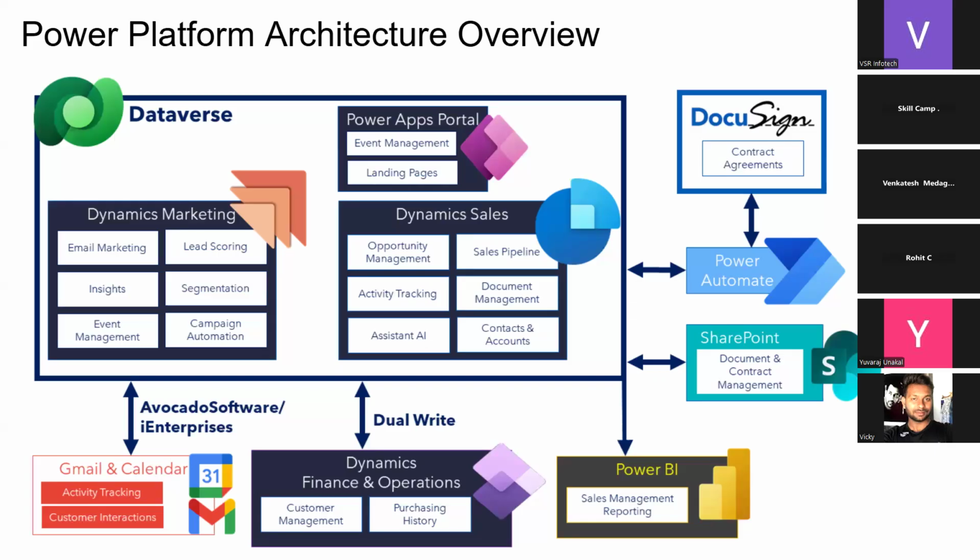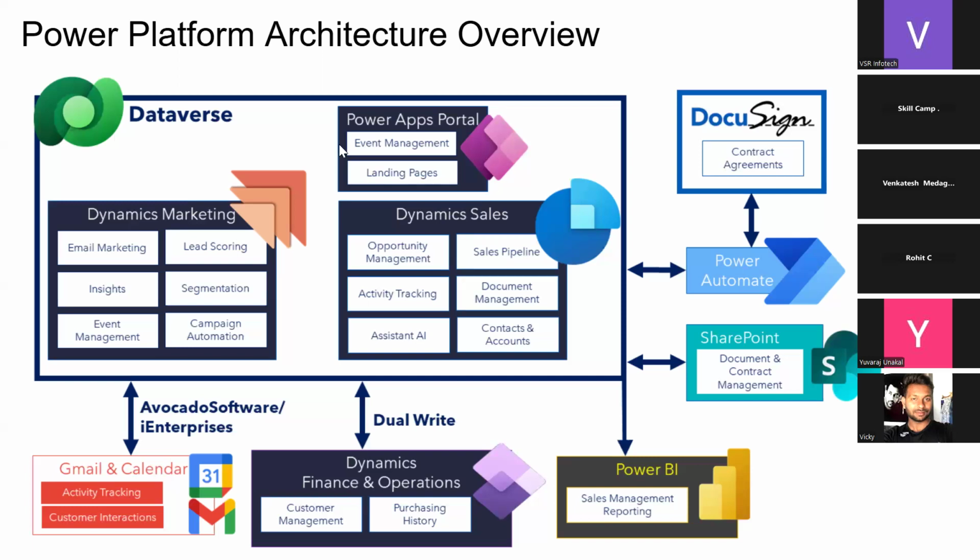Anything which is basically the home page of an application is your landing page. Event management is a functionality which will come inside the landing page. There will be multiple functionalities inside that portal, which will cater to various other services or sources.